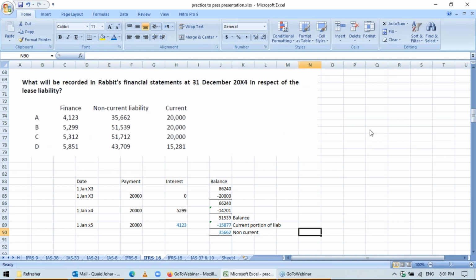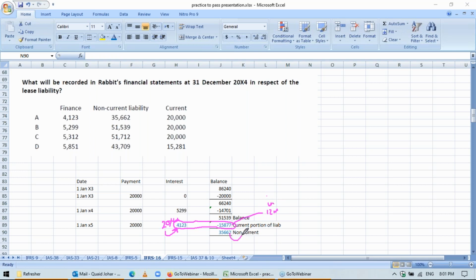Now see, you are now due to pay 4123 interest payment for the year 2004. This interest is due for the year 2004. And plus this amount is payable within the next 12 months, the principal amount. This is in 12 months time, right?